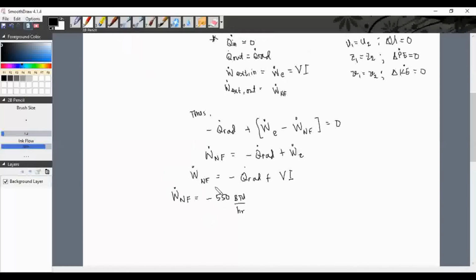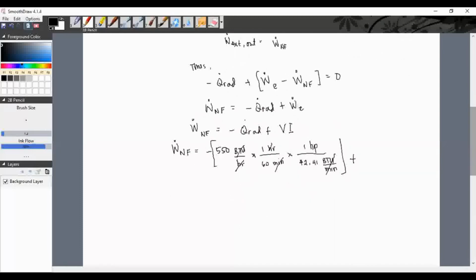per hour. Then, co-convert natin siya. So we have 1 hour for every 60 minutes. So cancel na to. We have BTU per minute, and of course we have 42.41 British thermal unit per minute for every 1 horsepower. So cancel na to. Cancel na yan. Okay. Plus yung ating electrical, no? Electrical work, no? Or power generated, no?